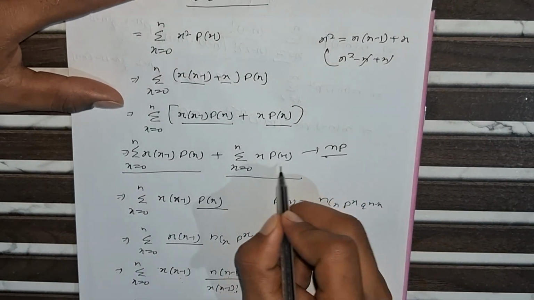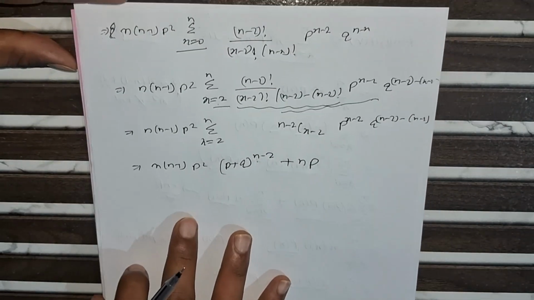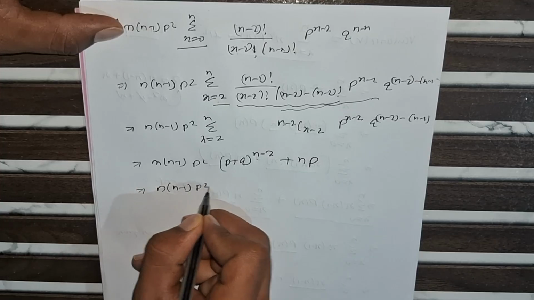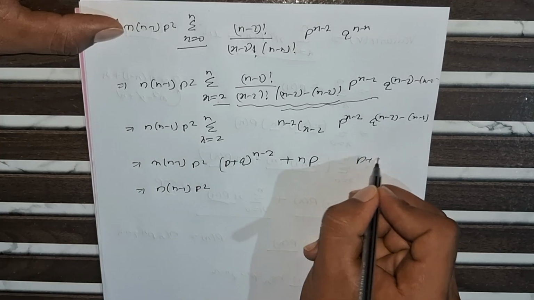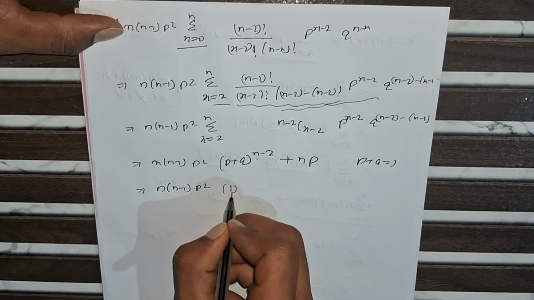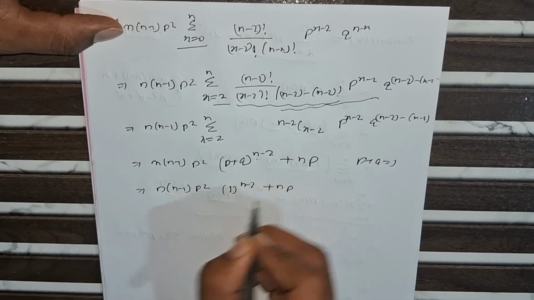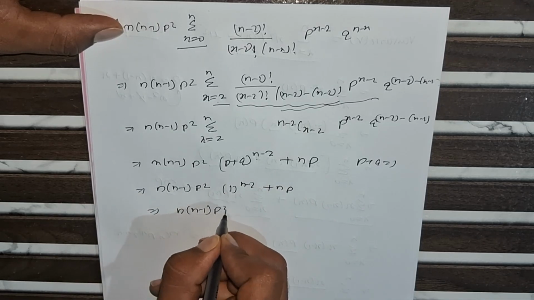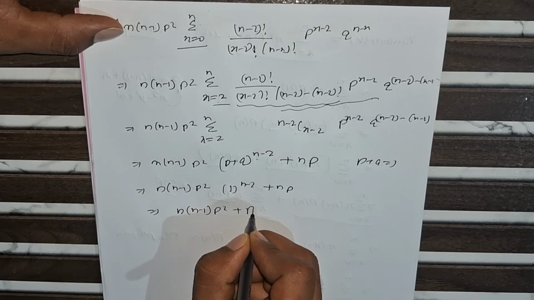This is np. So the equation becomes n into n minus 1 p square, p plus q equals 1, already we know. So 1 to the power n minus 2, plus np. So this is nothing but n into n minus 1 p square plus np.